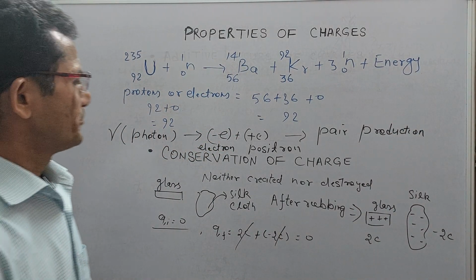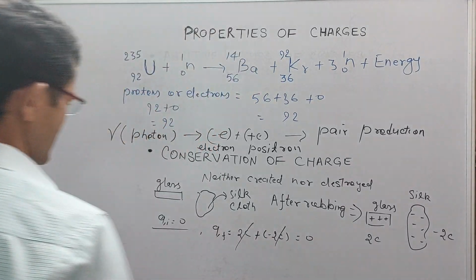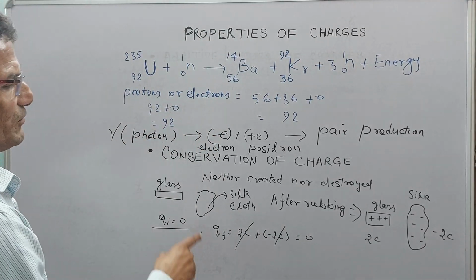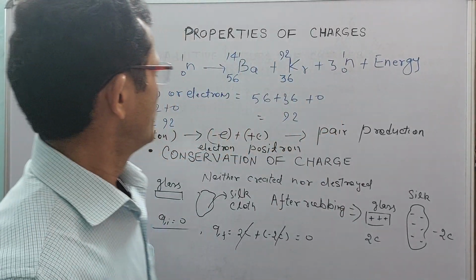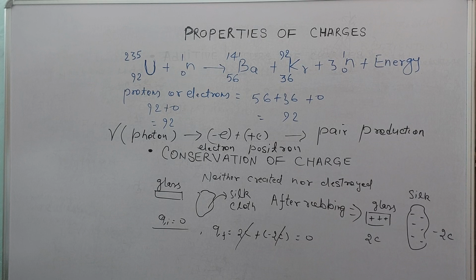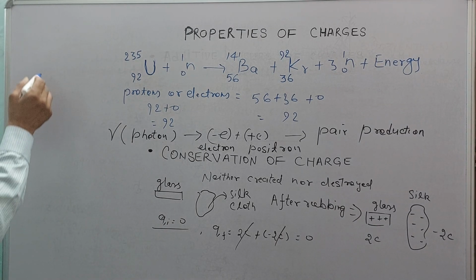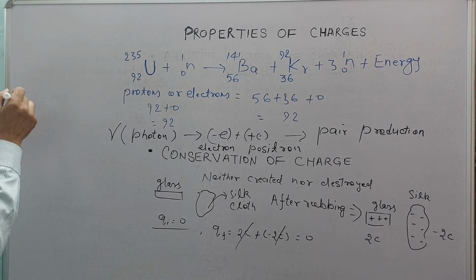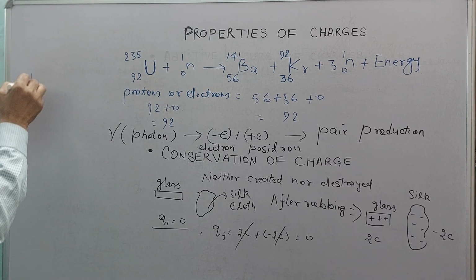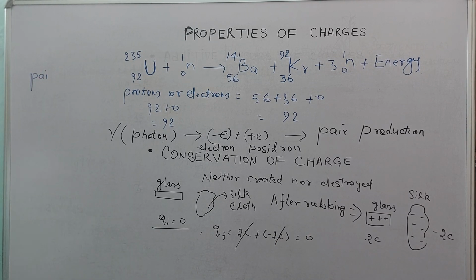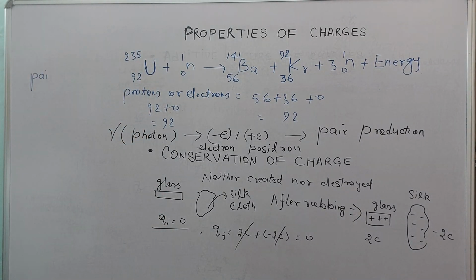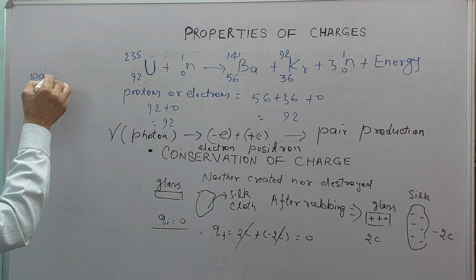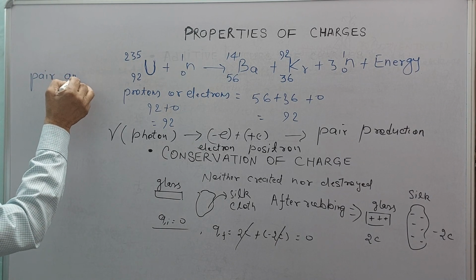Similarly, in pair annihilation, we combine a positron and an electron, and we get two photon particles. This is known as pair annihilation.